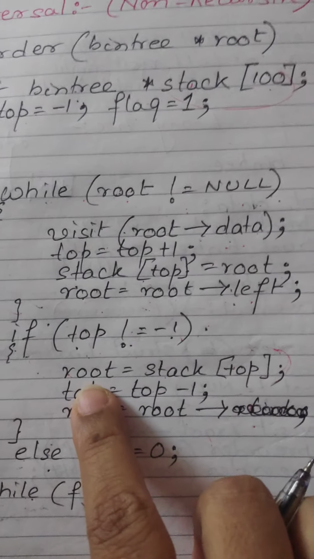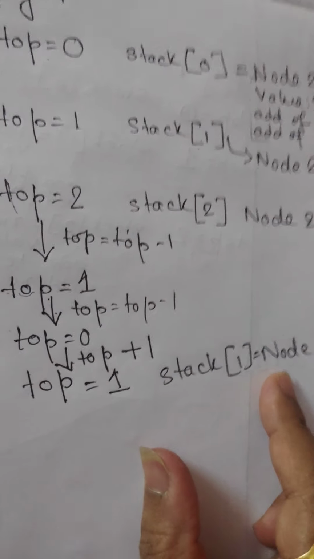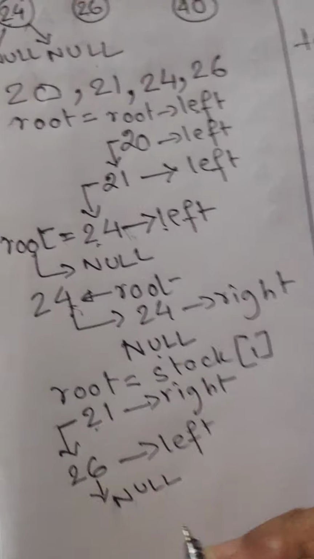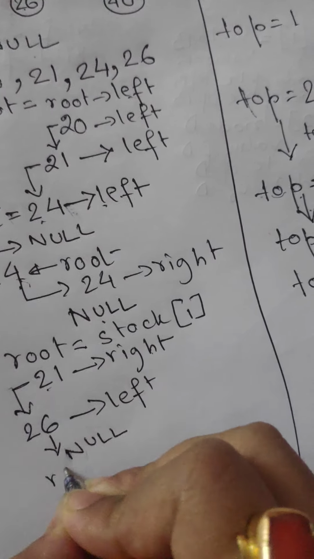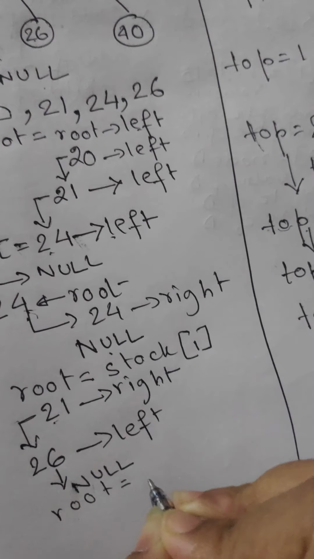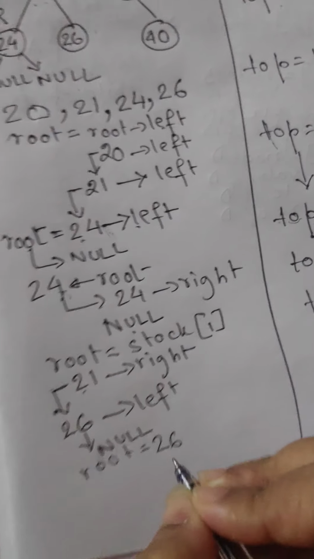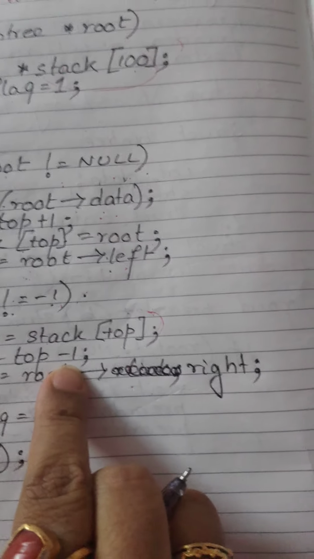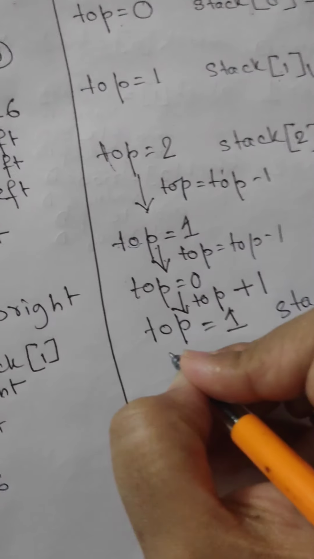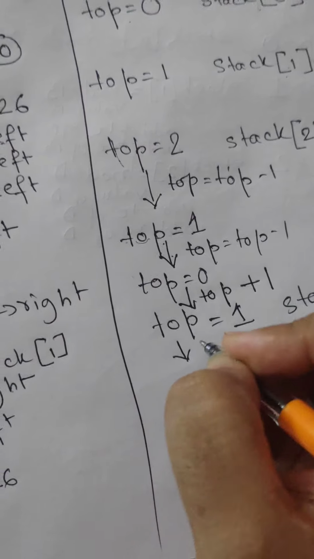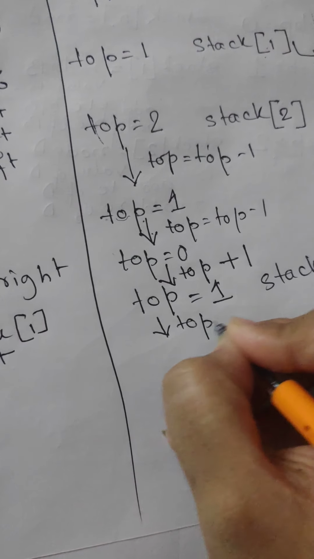So top not equals to -1 is true. So what do? Root is equals to stack top. What is there at stack top? Node 26. So root becomes node 26 again, right? Top is equals to top -1. So as soon as you pop from the stack, your top becomes top -1.